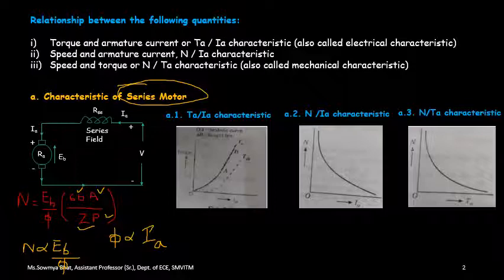So from this I can substitute phi as Ia in this speed equation. So speed can be written as, not equal to, directly proportional to EB divided by, instead of phi, I will represent it as Ia now.